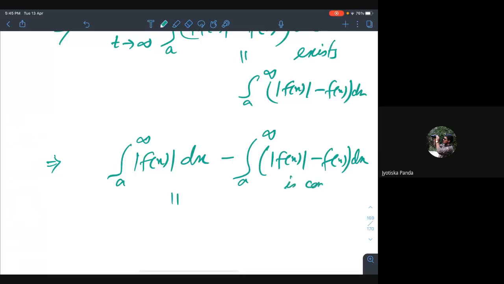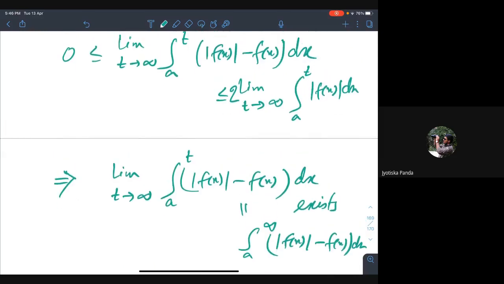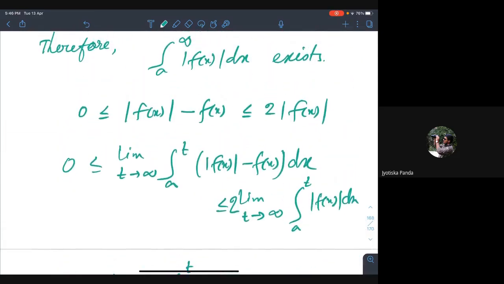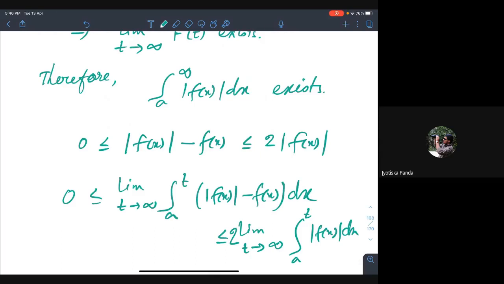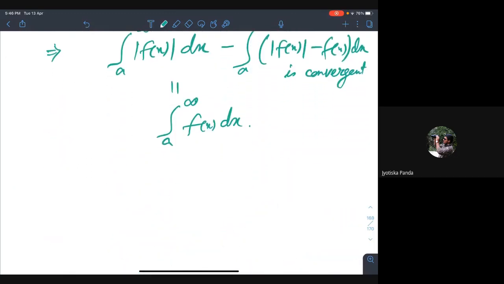It's convergent, because both are convergent. So this is nothing but the integral from a to infinity of f(x) dx. All right. So it is simple to see that if the integral of f is absolutely convergent, it implies the integral of f is convergent. But of course the converse is not true. We'll see an example.